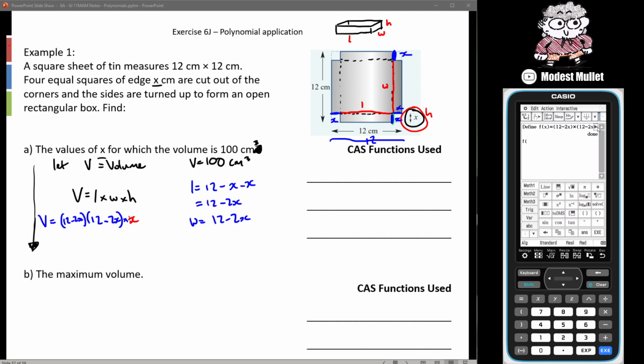Now we can also now just type f of x, and it'll give us back the function. And as you can see, the CAS automatically simplifies everything for us. So we could now say volume is equal to x, 2x minus 12, all squared. It is simplified for us.